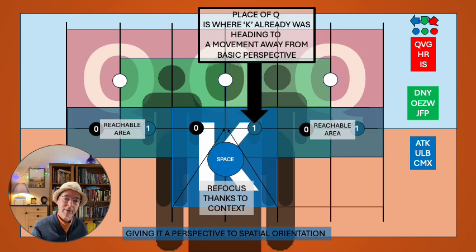The placement of Q, as you can see, the number one, is actually at the same point. When you write down the letter K into the spatial frame, it's at the same place where you have the K already. Q is also pronounced with K, so that fits actually. And what was K about? It was this movement of perspective.